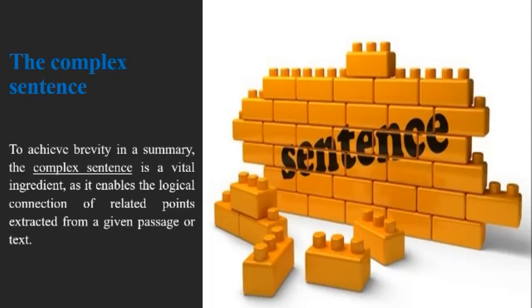So for you to know your complex sentence, you have to revise your sentence types. You must know how the complex sentence differs from the simple sentence. To also master the complex sentence, you must know what your connectives are, most especially your conjunctions. You must know the difference between your subordinating conjunction and your coordinating conjunction. If you don't know the difference, then you might not be able to construct a complex sentence.